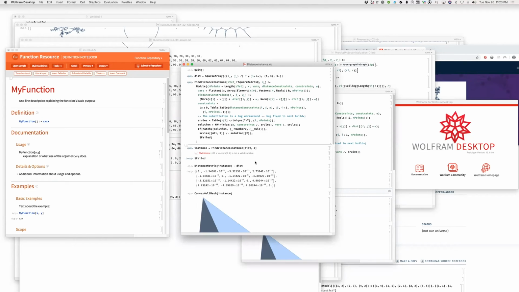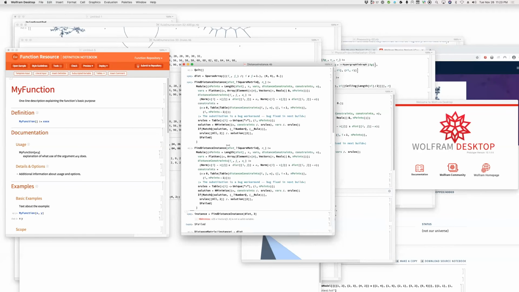Oh, gosh. And minimize. Well, he says bug fix on the next build, so let's just see what happens if we try this without that S rules line.